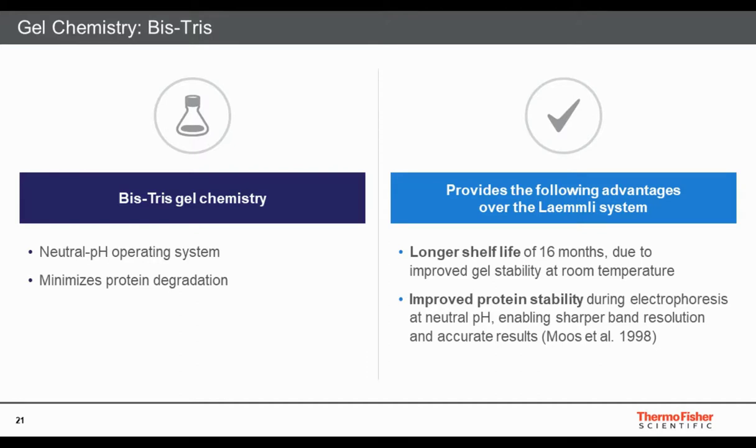A Tris-Glycine gel can't be stored at room temperature because of its higher reactivity and a comparatively shorter shelf life. It is also known for quite some time now that a neutral pH environment during electrophoresis improves protein stability, which enables sharper band resolution and accurate results.